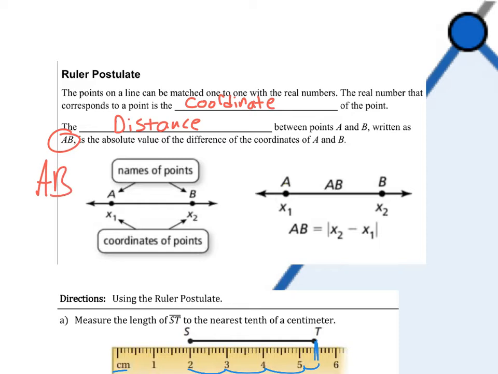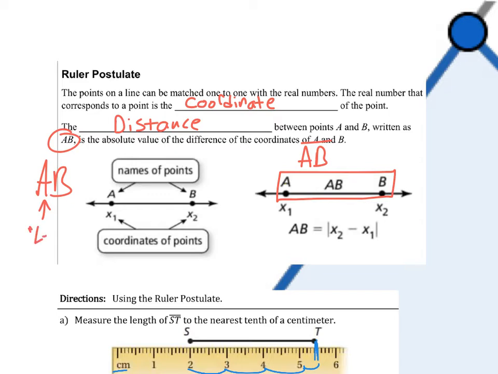Notice there's no bar over it. The name of this thing right here is line segment AB with a bar. Its name has a little hat, a little bar over it. But when we don't have a bar right there, this means the length of AB. Very important. We're going to see that a lot.